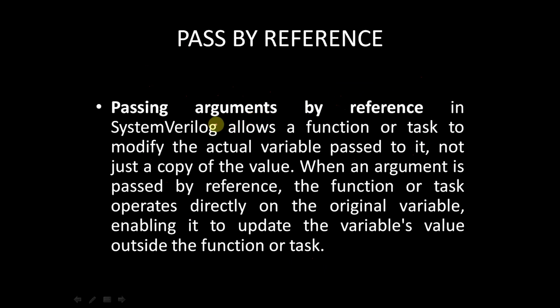The third type is pass by reference. Passing arguments by reference in SystemVerilog allows a function or task to modify the actual variable passed to it, not just a copy of that value.